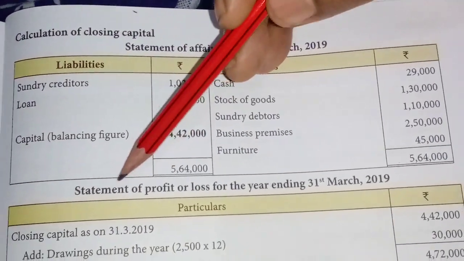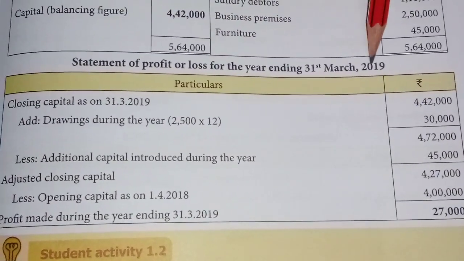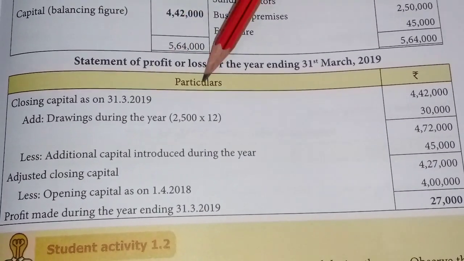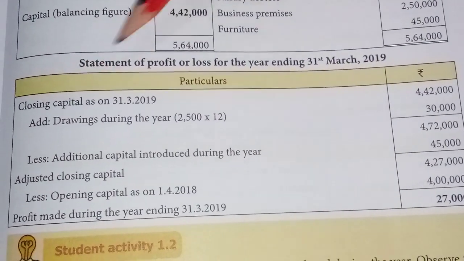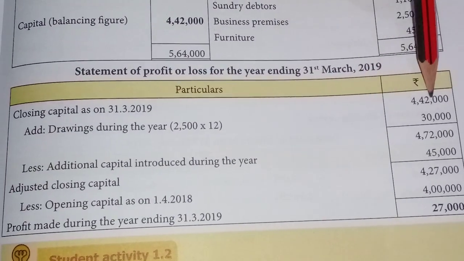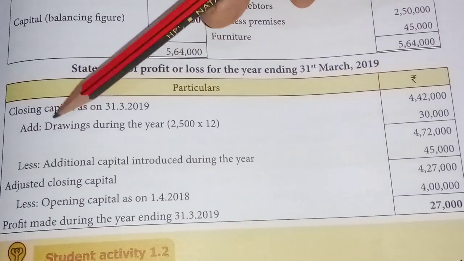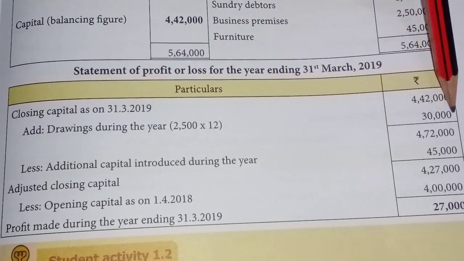Then the next statement, statement of profit or loss for the year ending 31st March 2019. Particulars and one amount column. First you write closing capital, what we have found out here: 4,42,000. Then add drawings, it is given in the problem. 30,000.